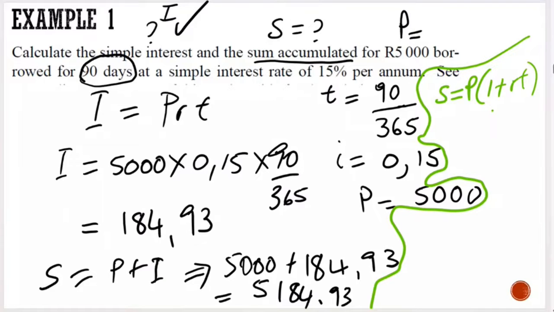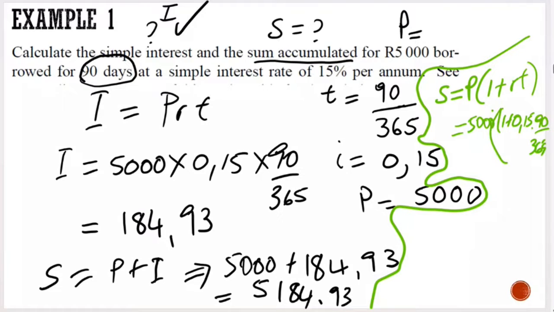You cannot be using something longer when you've got all of the information. But if you think this is going to be economical, you don't want to go through all of these steps. The most important thing is for you to decontextualize the context. After you've decontextualized, you can use any formula that you like. So you can just substitute. R is 0.15, your time is 90 over 365.